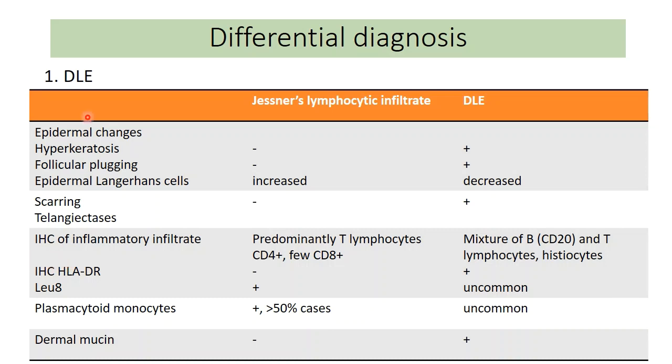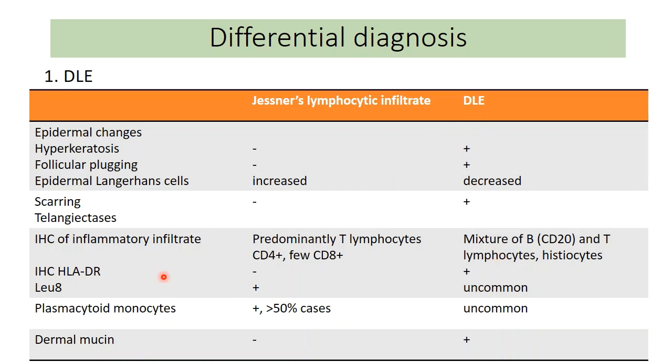First are the epidermal changes like hyperkeratosis and follicular plugging, which will be seen in DLE, and the epidermal Langerhans cells will be decreased in DLE, and increased in Jessner's lymphocytic infiltrate. Scarring and telangiectasias favor DLE. On immunohistochemistry, the inflammatory infiltrate is predominantly a T cell population in Jessner's lymphocytic infiltrate, while a mixture of B and T lymphocytes is seen in discoid lupus erythematosus.